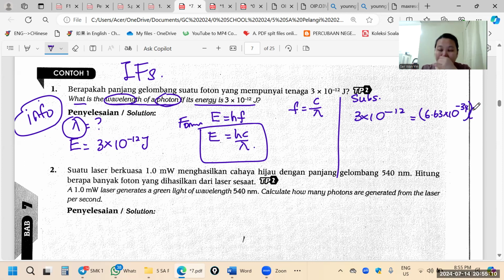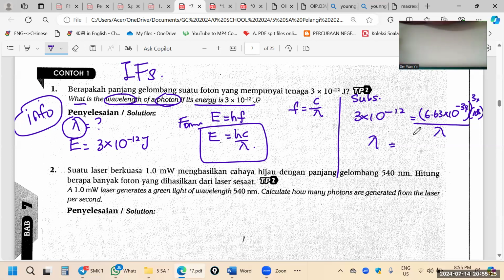I have no space here. So lambda equals to 1 up, 1 down. Can you count now? Count now.